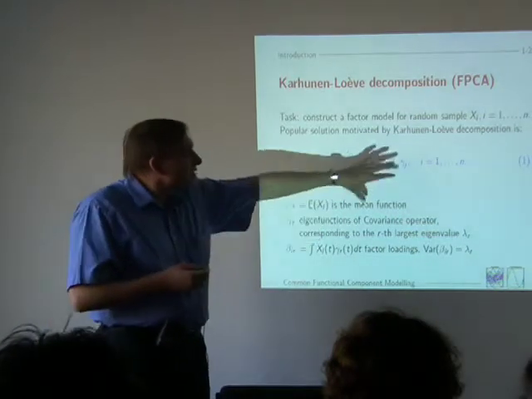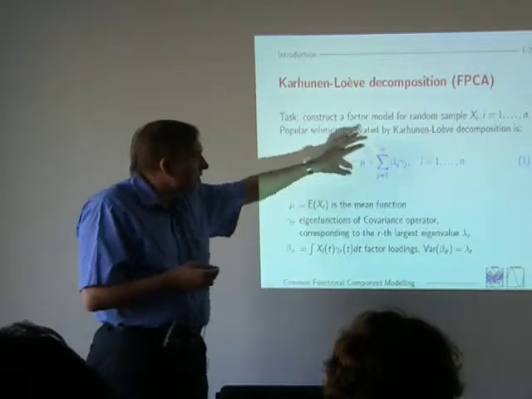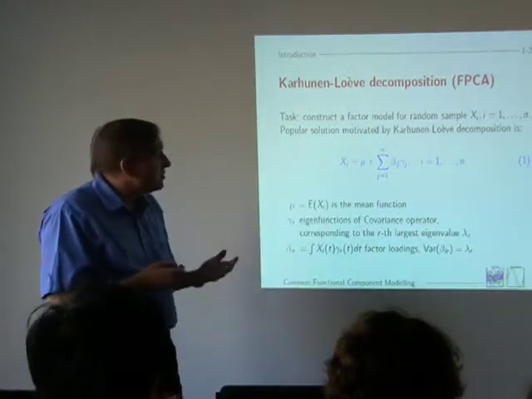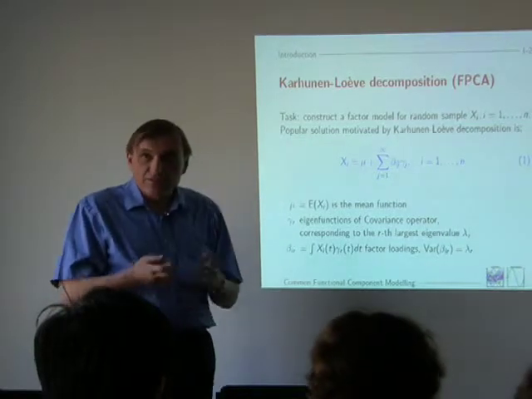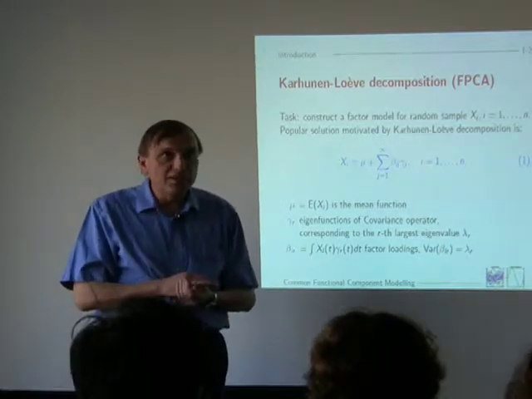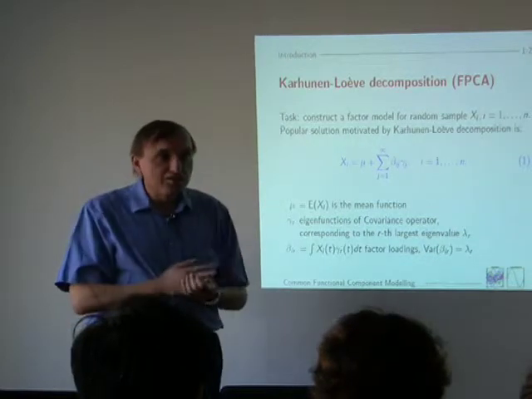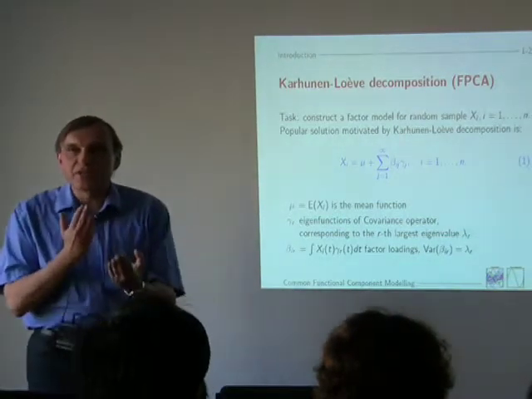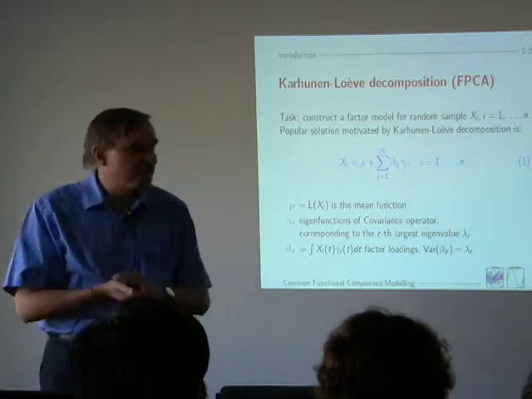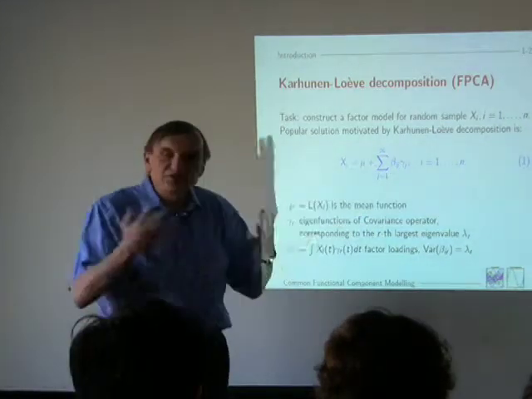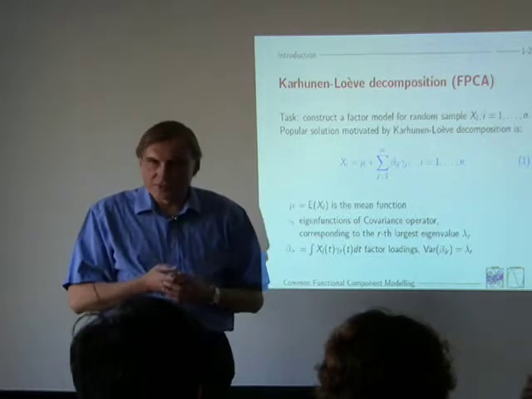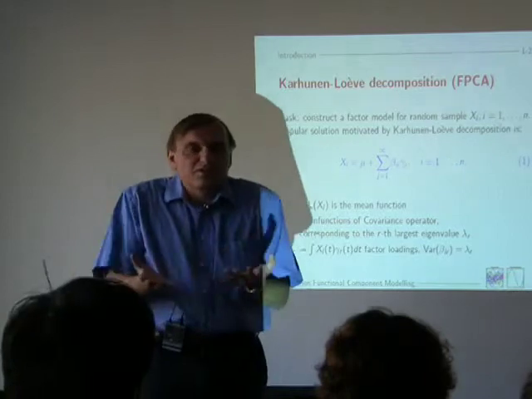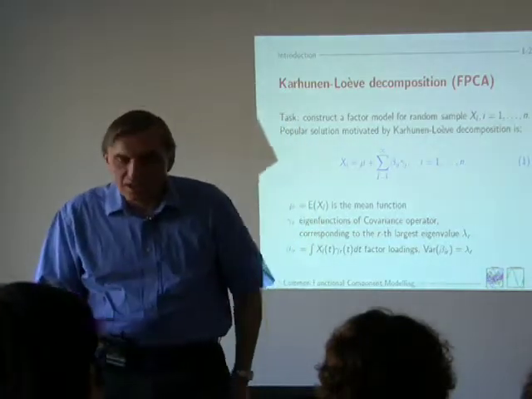So essentially, in a way, in order to characterize the distribution of an x of a functional value, this is one of the basic tools to do that. So it's much more important than any principal component analysis in multivariate analysis, because it's a big theoretical tool just to characterize distributions. Because if you know the gammas and the lambdas, you know about the covariance structure of your process. And there's not much else you can do about this covariance structure.